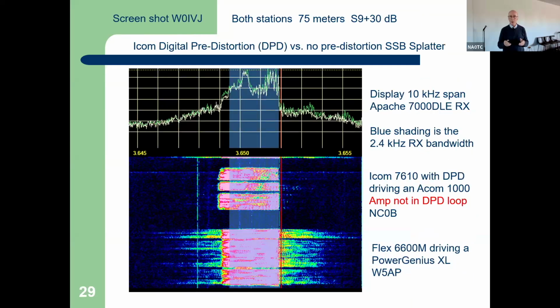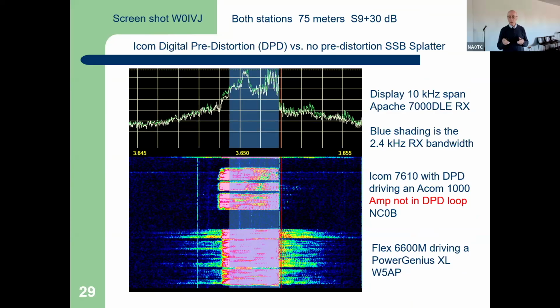Okay, here's the next one where I got to shine. The signal on top was a 7610 driving an ACOM 1000, not in the correction loop. See, the tube amps are so much cleaner than your solid state amps that you can get away with not having the ability to put the amp in the correction loop.